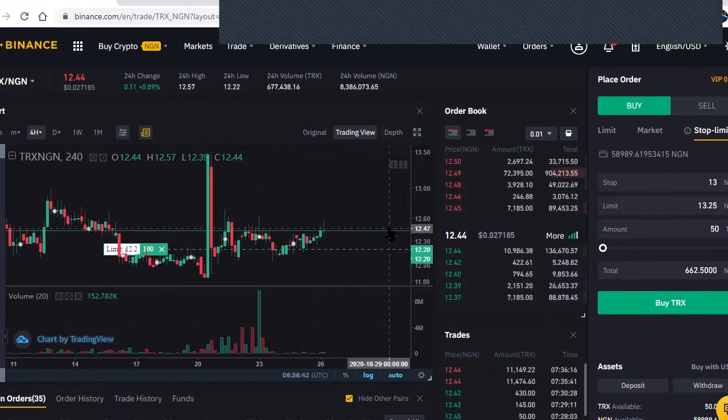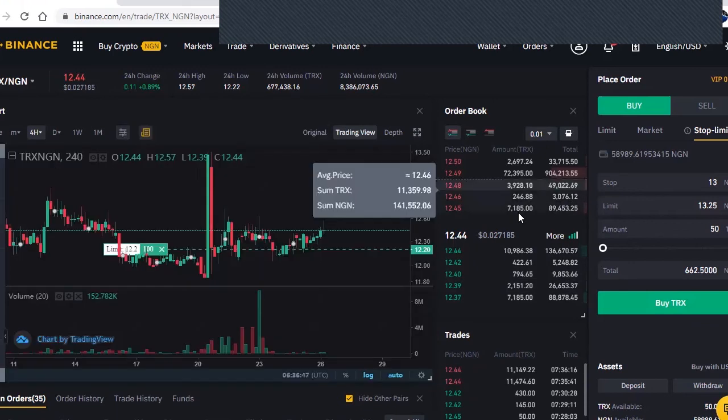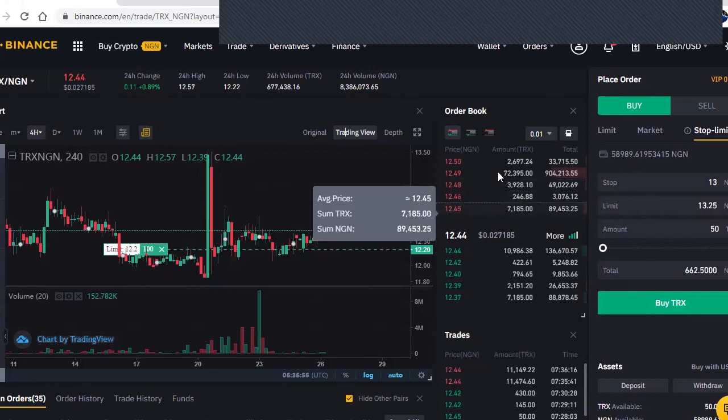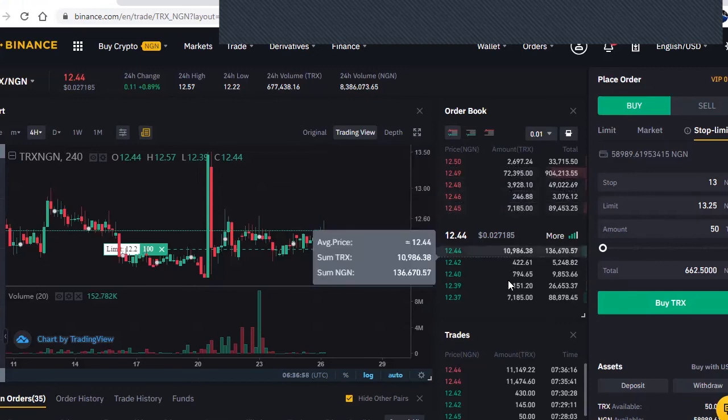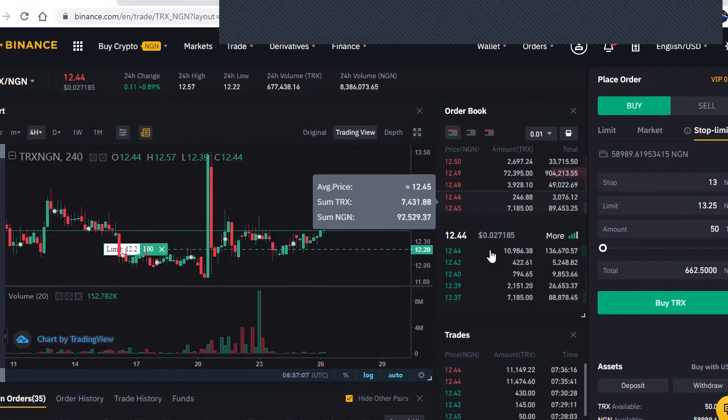We also looked at the order book, where people are placing buy and sell orders, and the trades, where we can see the activities once they occur.